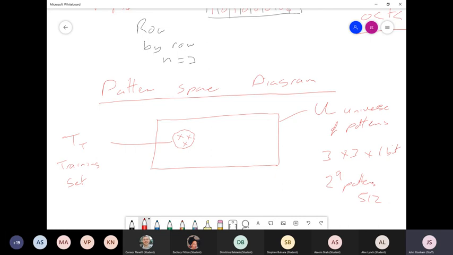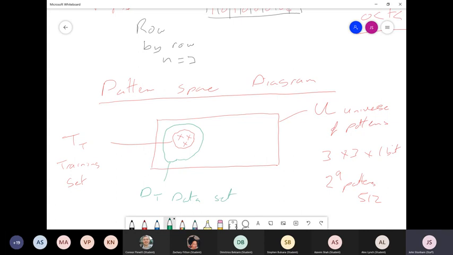Now, on the 3x3 space, you as a human can look at all of those 512 patterns, and you could decide which ones can be recognized, which ones actually look like T's. So we have the data set. Let's draw that in there, which is the set which represents all possible T's.